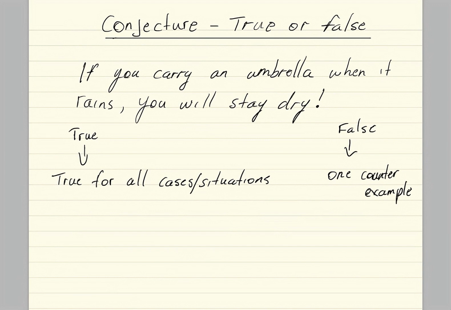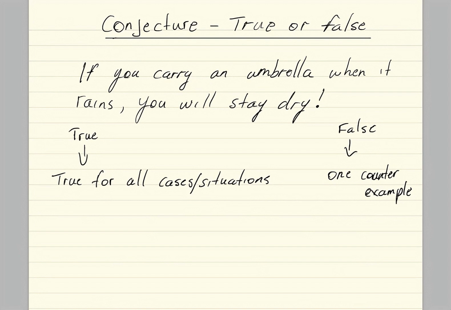So let's go through this conjecture just to try to figure out how this can always be true or how it can be false. If you think about it, every time you carry an umbrella, you get this experience that it's always keeping you dry. But is that always true? I would say probably not for all cases. Let's say it's just raining down, there's no wind.